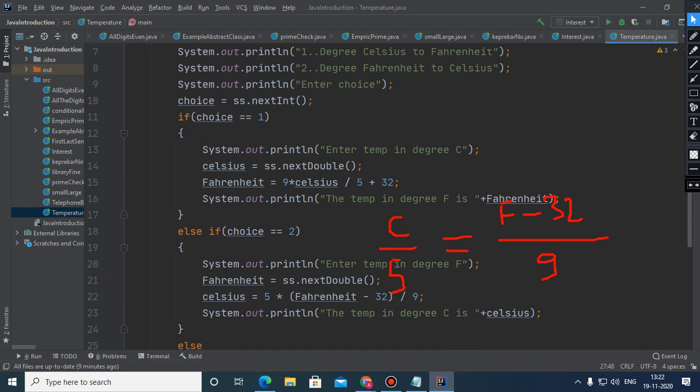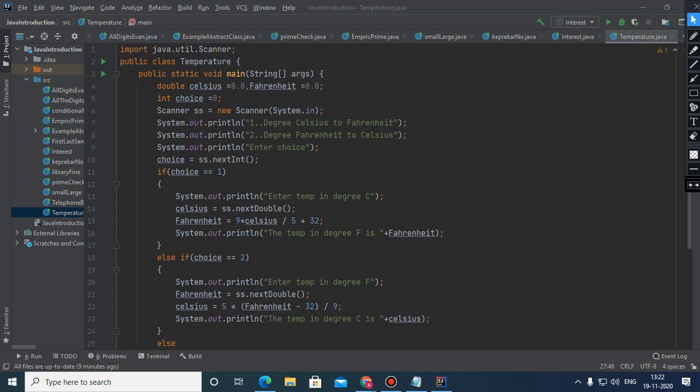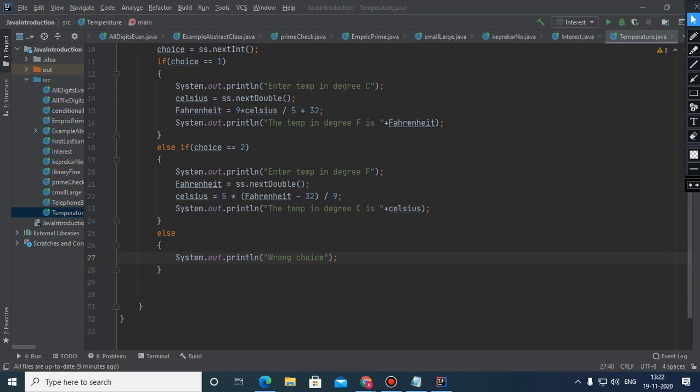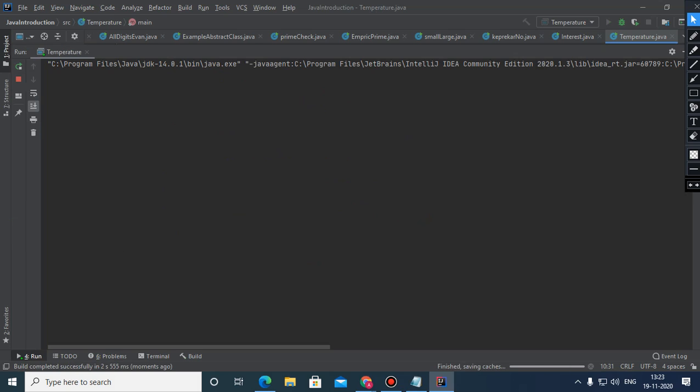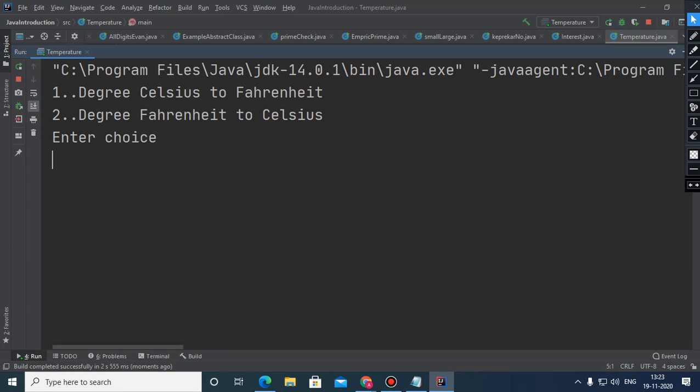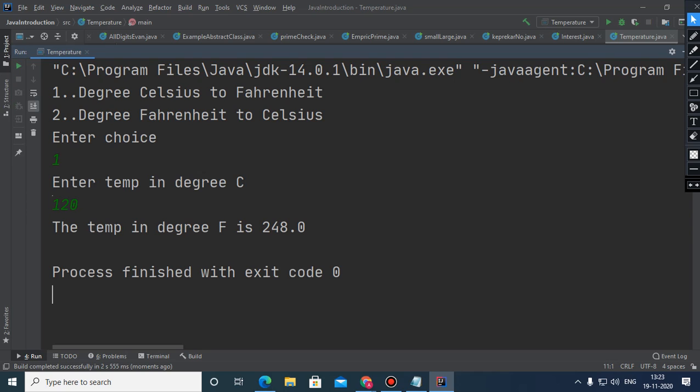So dear children, if you have any confusion, then please tell. We have used that formula, and we have used that relation, and then after we made two different formulas, one for Fahrenheit and one for Celsius. So now I would like to execute this. So children, the first choice, and suppose 120 degrees Celsius, so in Fahrenheit it is 248 degrees.